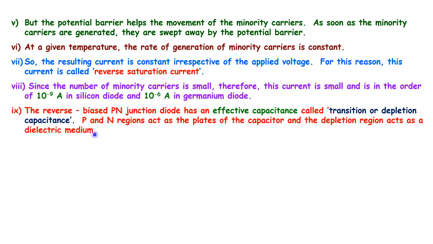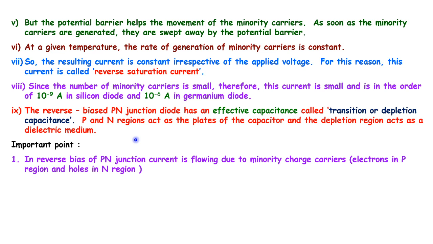The reverse bias PN junction diode has an effective capacitance, the transition or depletion capacitance. The P and N regions act as the plates of a capacitor and the depletion layer acts as the dielectric. So this concept we are going to discuss in the next video lecture, that is formation of capacitance in a PN junction diode.